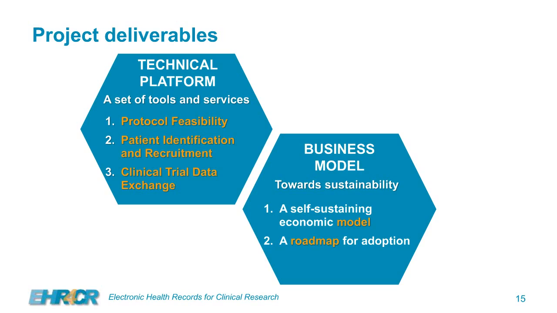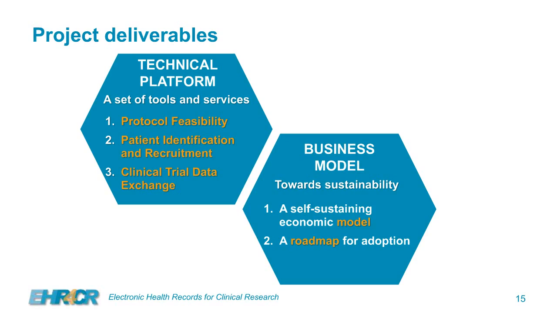The second deliverable is the business model, which is a framework consisting of different aspects: how to expand, how to make these kinds of services scalable, and the different kinds of interactions between the different roles that we have on the platform, which is to say the data providers, the hospitals, the service providers who run the services, and of course the data users, which could be academic partners or the pharmaceutical industry.